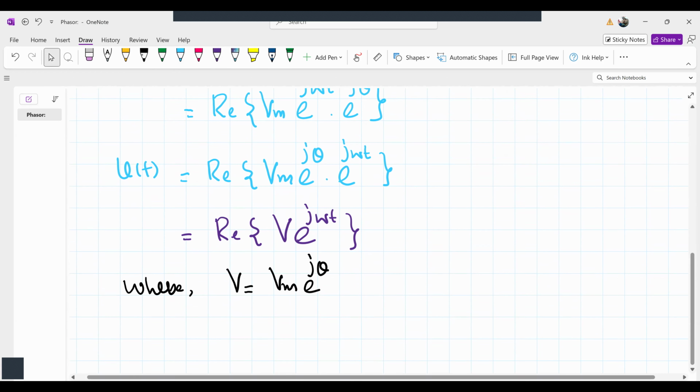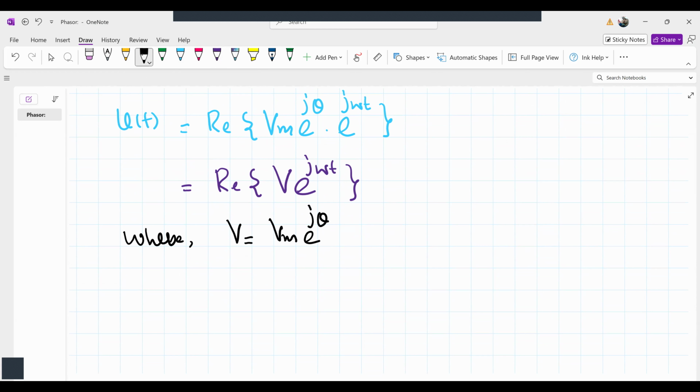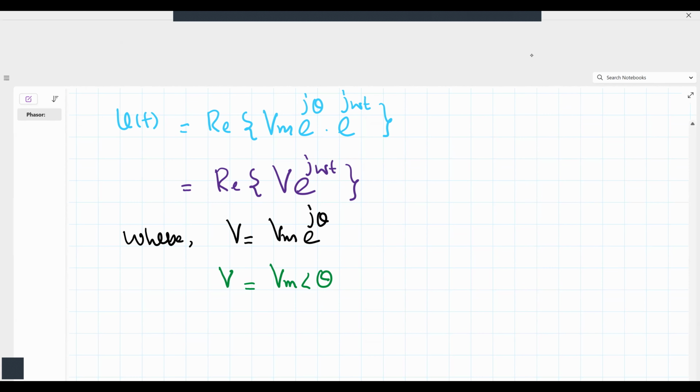From the previous lecture, we know that Vm e to the power of j theta is a complex number, and we can also write it in polar form as Vm at an angle of theta.